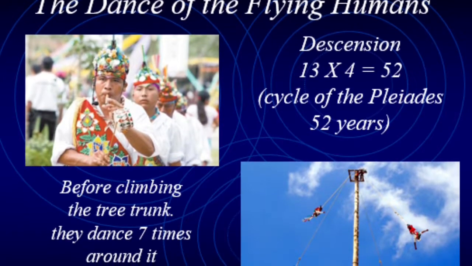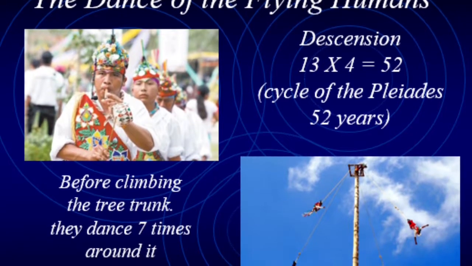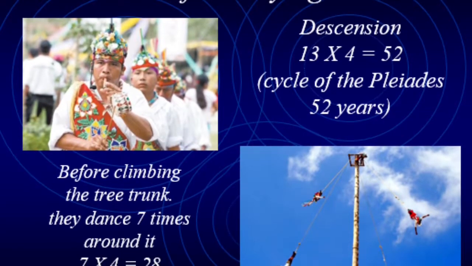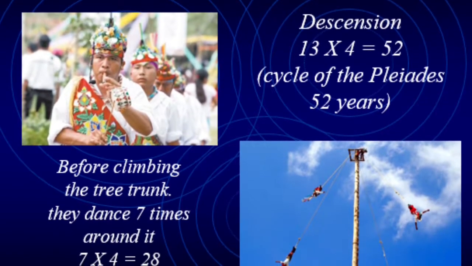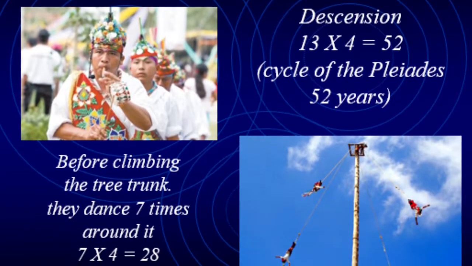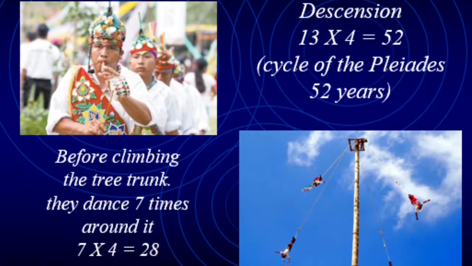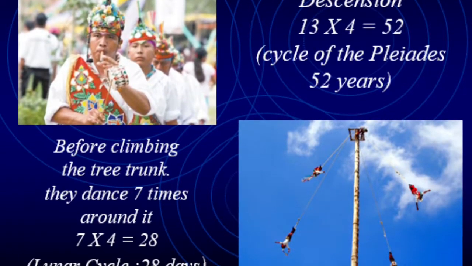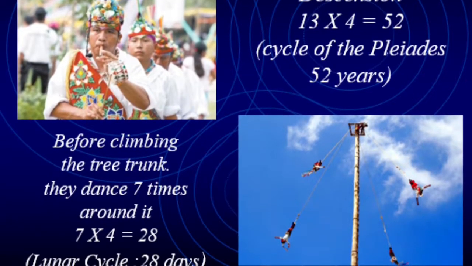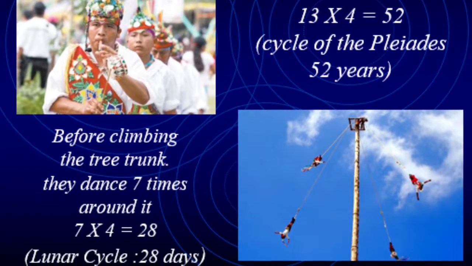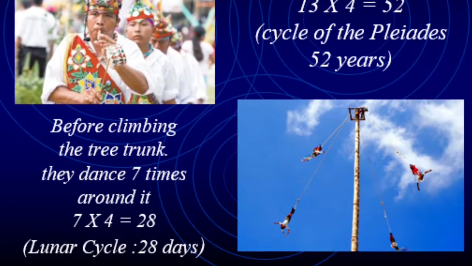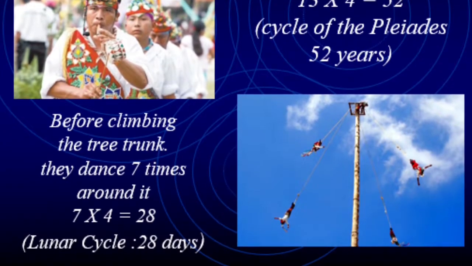So they climb up the trunk that sometimes is about 30 meters high, and in the descension, the 4 dancers go 13 times around the tree trunk, which means 13 by 4, 52. That, as you know, is the cycle of the Pleiades.